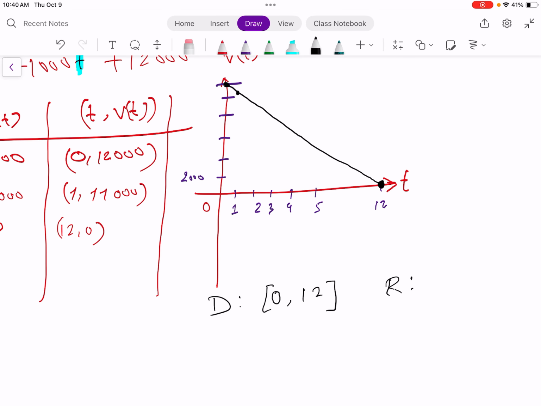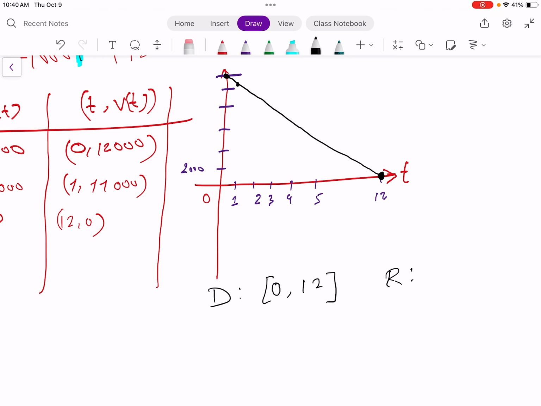And range, we are looking along the y-axis. Okay, so what is the y value for the starting point of this graph? Our graph is starting here, right? So what is the y value for this point? 12,000, right? And what is the y value for this point? 0.